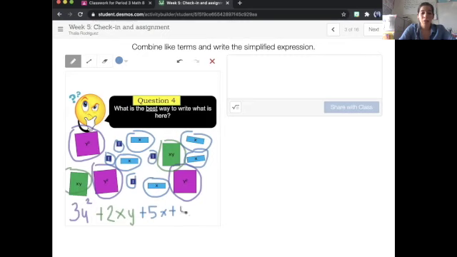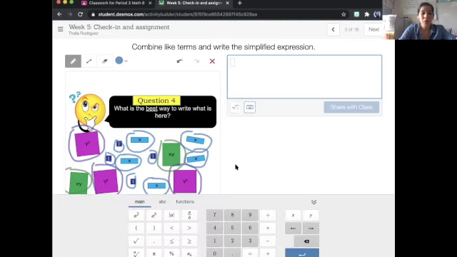Okay, and so again, if you can't write it on here like I am, then you can type it. However, I do want you to use the math where it says type math. So now the keyboard pops up, and you can do 3y.